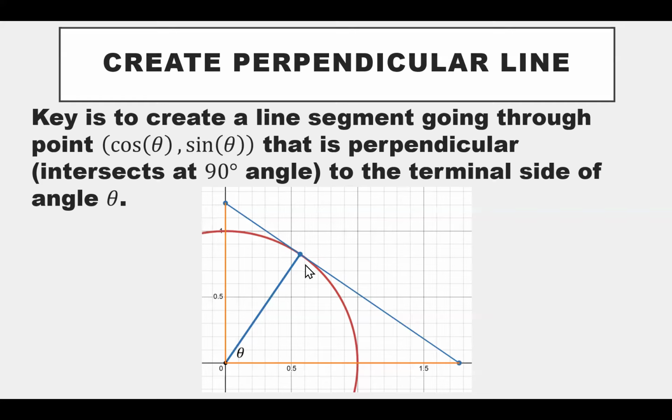Perpendicular means that we intersect at 90-degree angles. So we're getting 90-degree angles here and here.